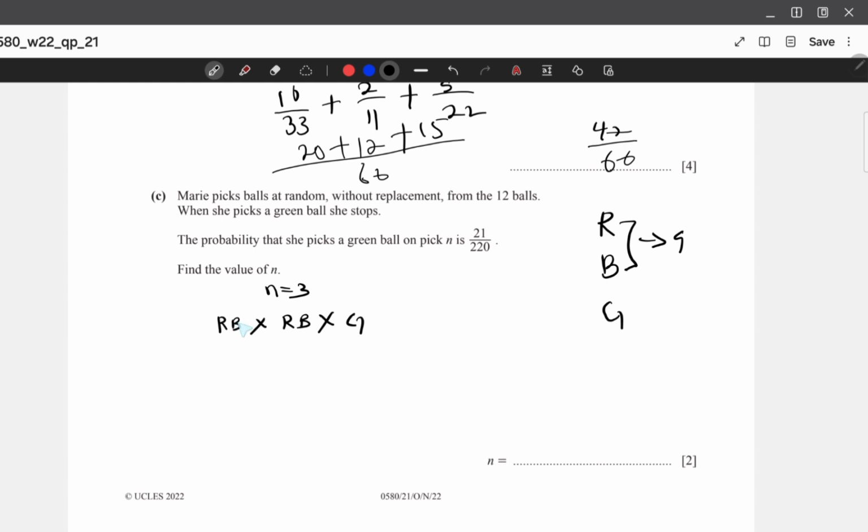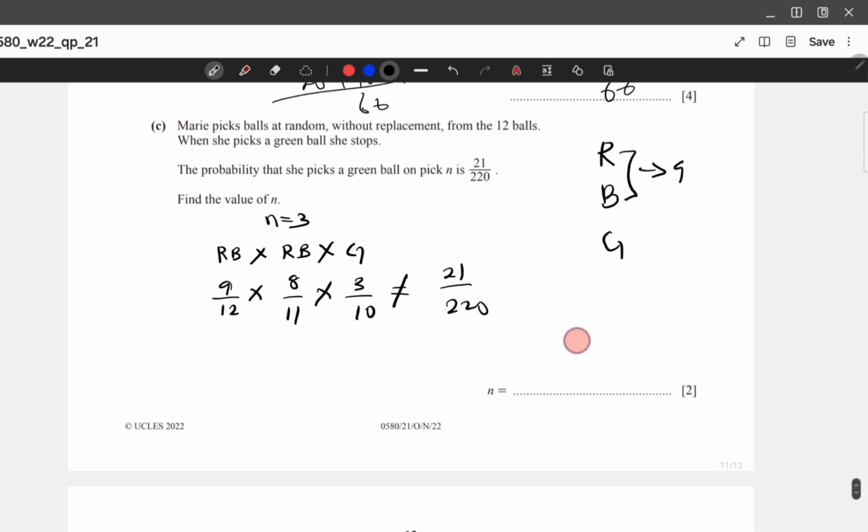So red or blue is 9 over 12, then times red or blue, because now remember there's no replacement, so the number of red or blue is reduced by 1, because it's either that pick red or that pick blue. So that will be 8 over 11, the total reduced, times the green that they now pick, that they now stop, which is 3 over what? The total reduced, which is 10. If you use this in your calculator, you find out that it is not equal to 21 over 220.